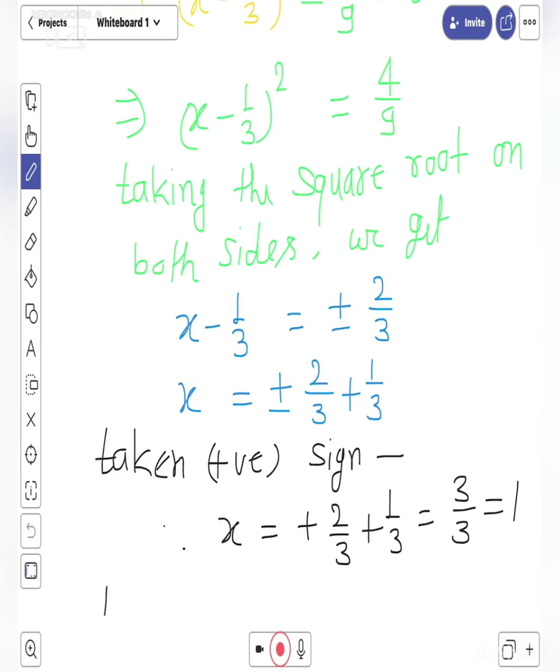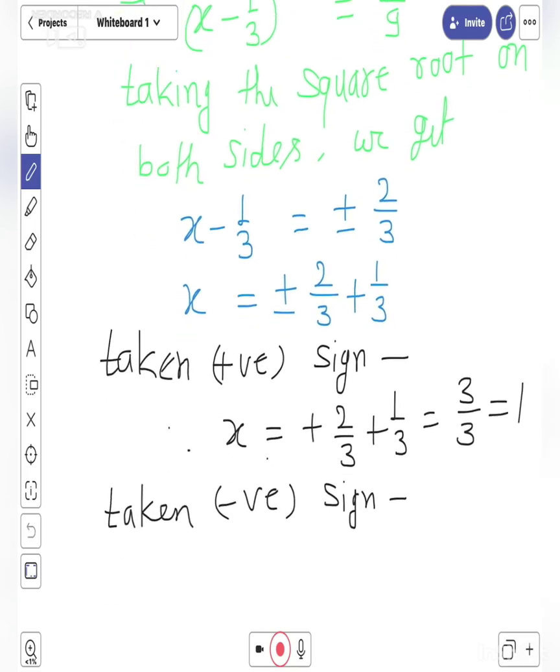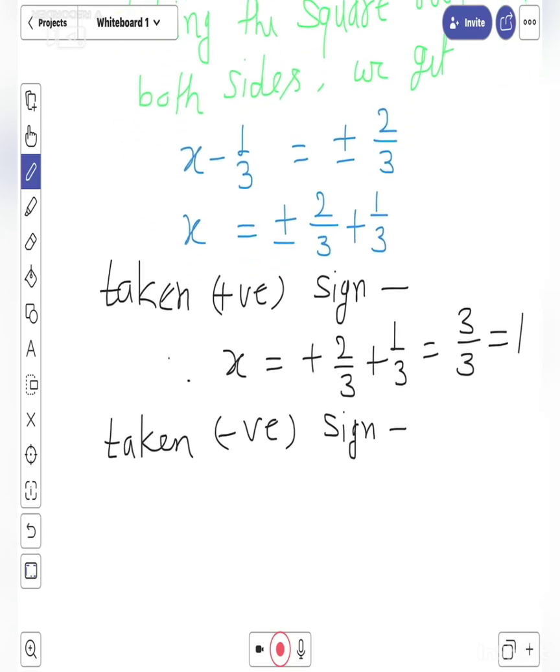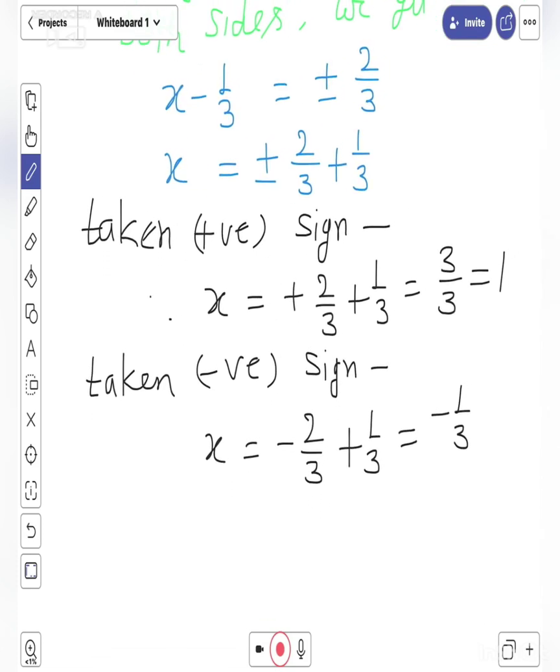On solving it, this is 3 by 3, that is 1. Okay, now take the negative sign. What will you get here? When you take the negative sign, then it will be x equal to minus 2 by 3 and plus 1 by 3. On simplifying it, that is minus 1 by 3.